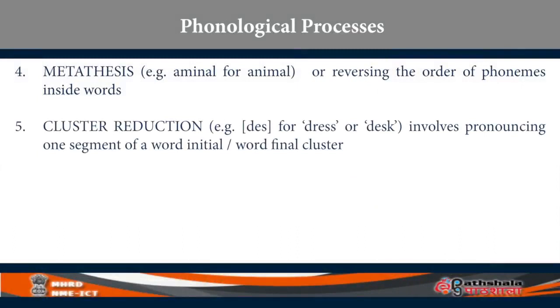Cluster reduction is another process. Dress becoming des, or not desk but des, involves pronouncing only one segment of a word-initial or word-final cluster. That is, they could not say dra, so they remove ra out of it, so it becomes des. Or if you take desk, then they will say des by removing ka in the final position.